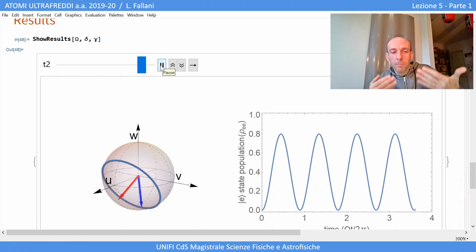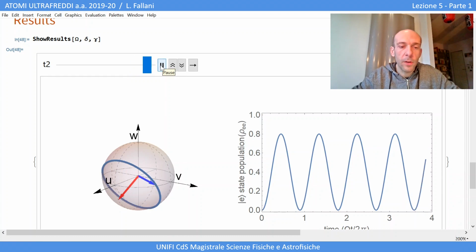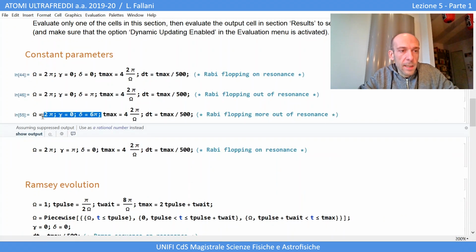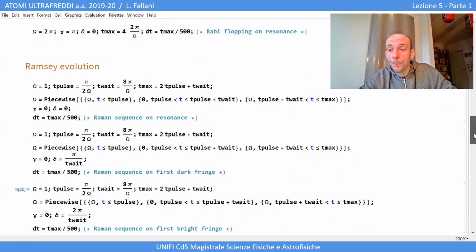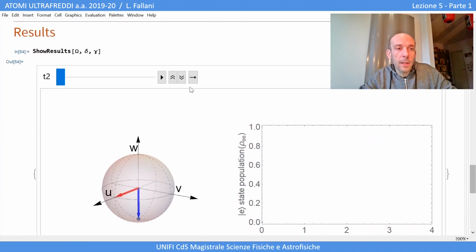We can do other examples, and for instance, this is the case of even higher detuning. So delta is much larger than omega, so we expect the Rabi flopping to have a very small amplitude. And this is what we can see now.